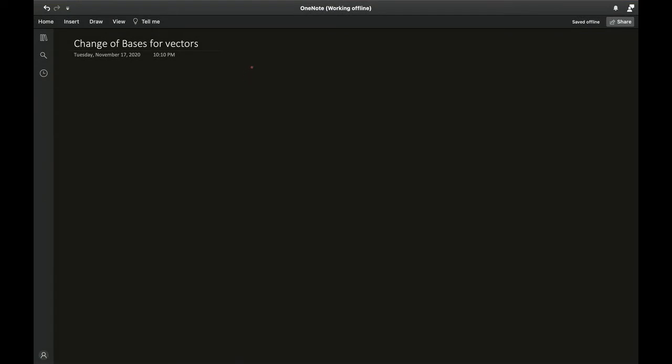Okay, so we talked about bases and the standard way that we did stuff, having these coordinate axes over here.